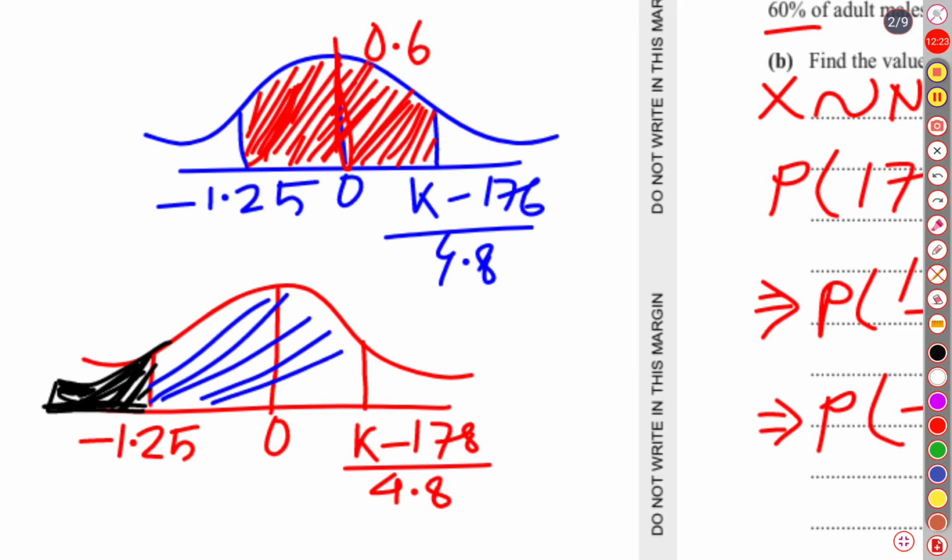If we find the probability of this portion when the z-score is (k minus 176) over 4.8, then from that we subtract this tiny part.